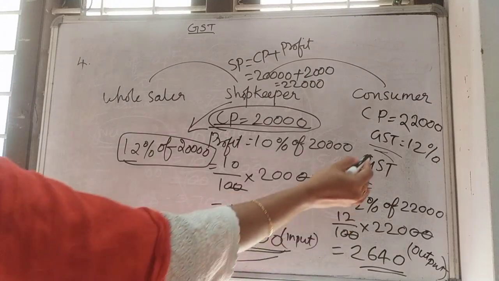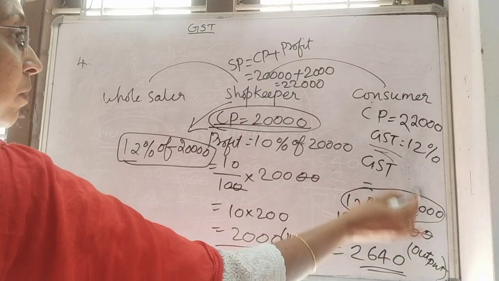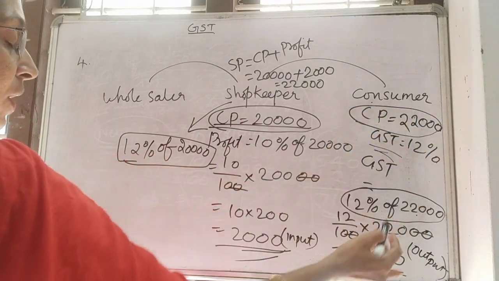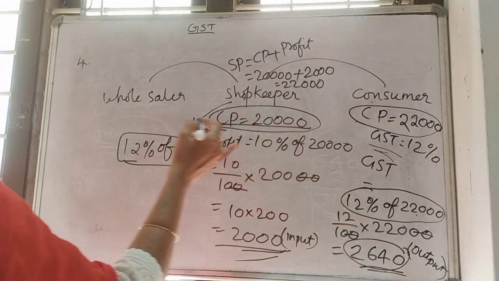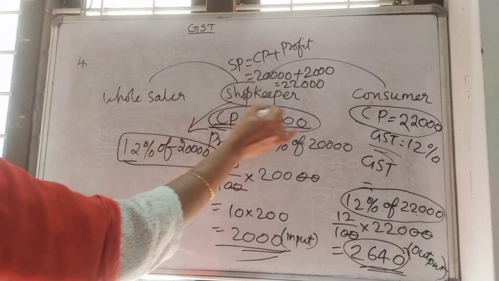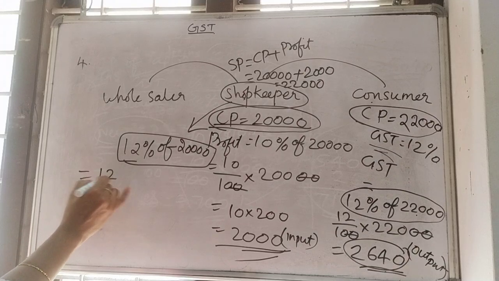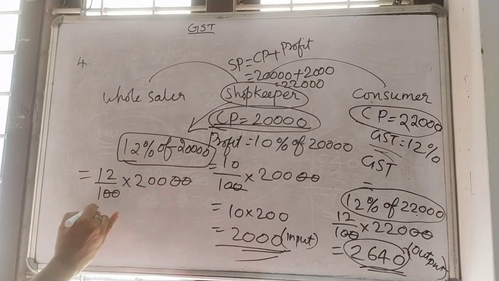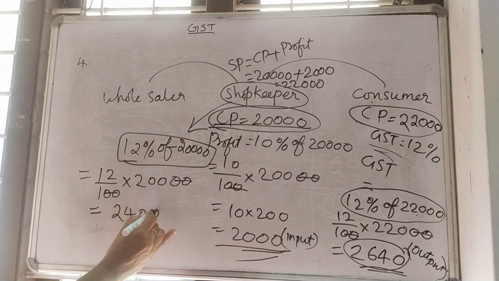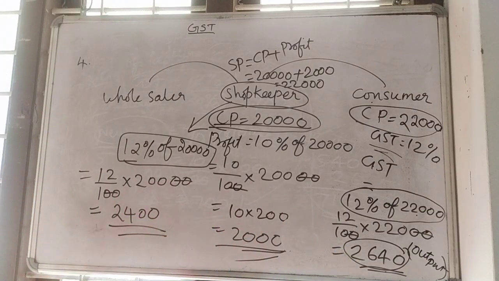And GST paid by the consumer will be 12% of 22,000, because the cost price of the consumer is 22,000. So the consumer GST we got as 2,640. Here we have to find the GST of the shopkeeper. So it will be 12 by 100 into 20,000, which is 2,400. So 2,400 is the input GST.